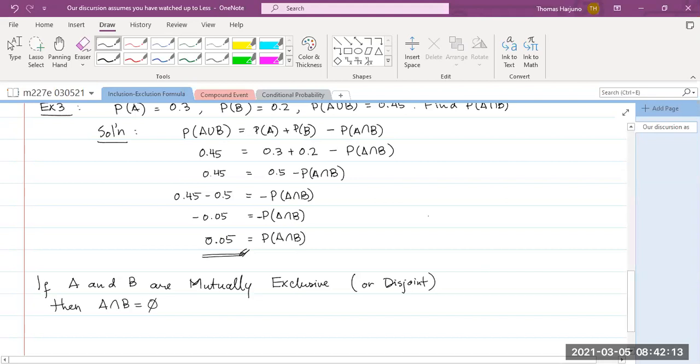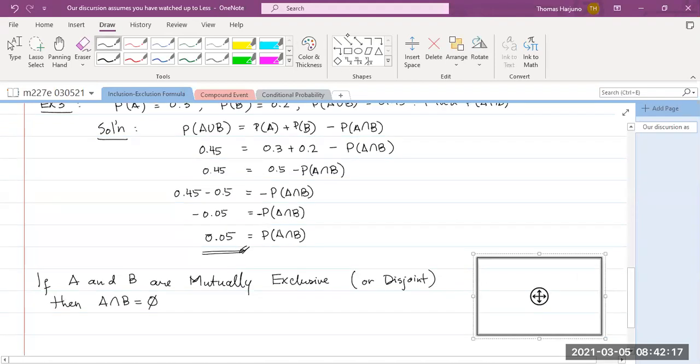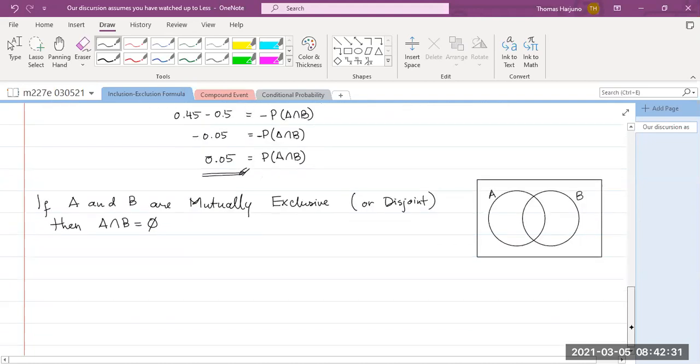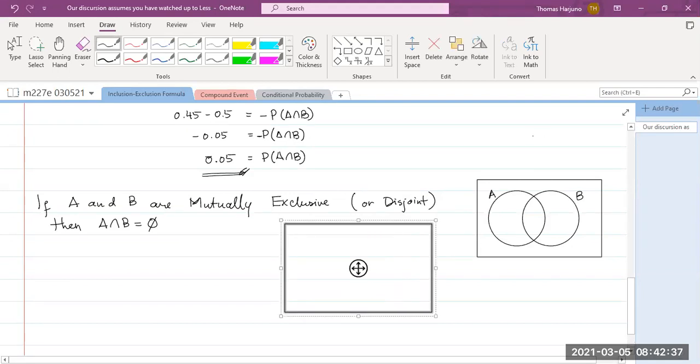Basically, when you have the Venn diagram, this is the usual view. A and B may interact, they may have an intersection.